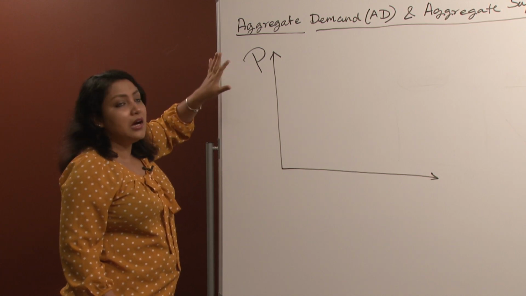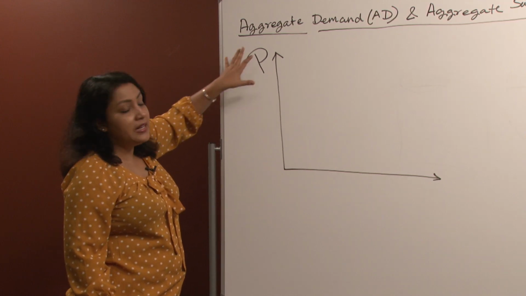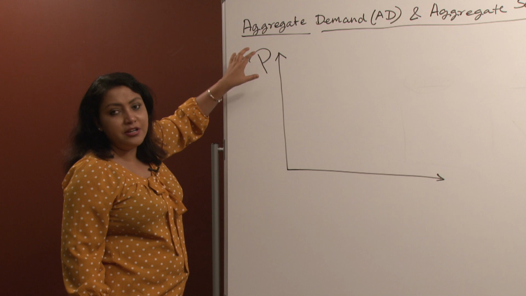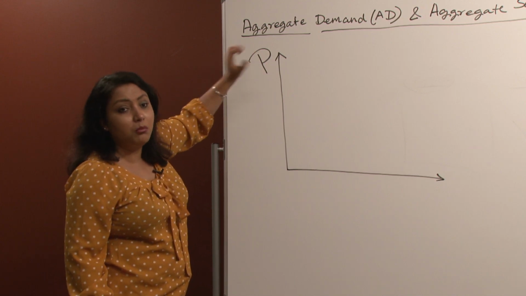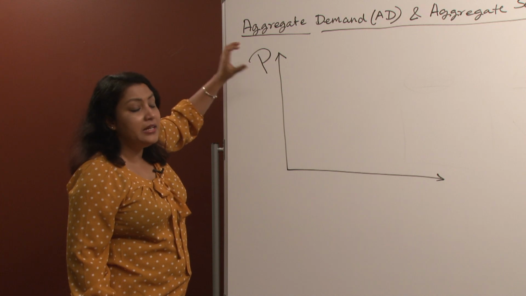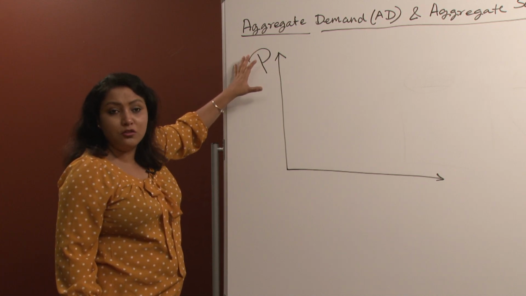It is just a number. It is a real number because it is an index, and an index is never in terms of dollars. It is not the price of one particular commodity, but it is the indicator of the average prices of all goods and services bought and sold in the economy.